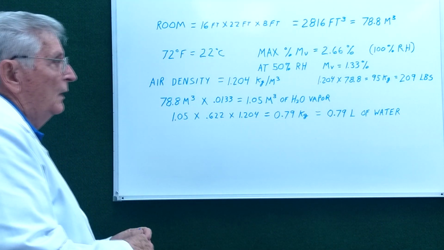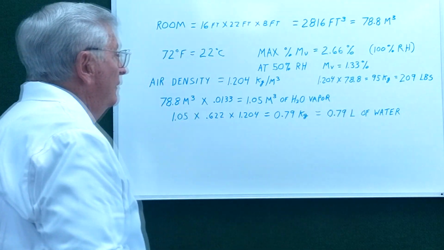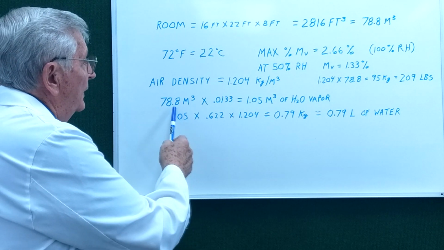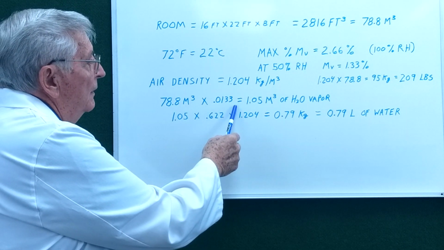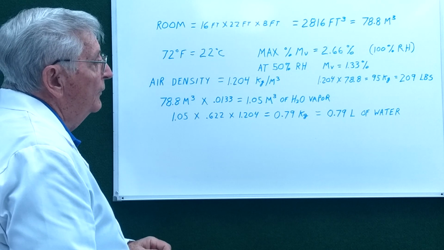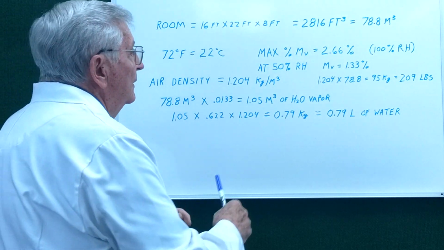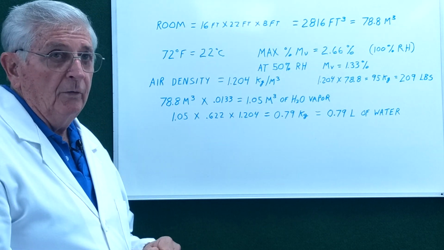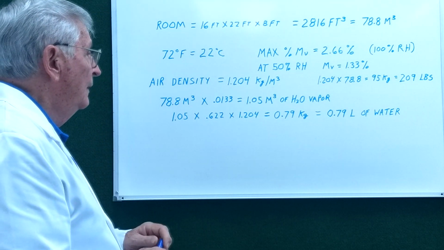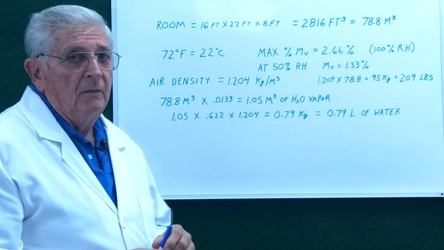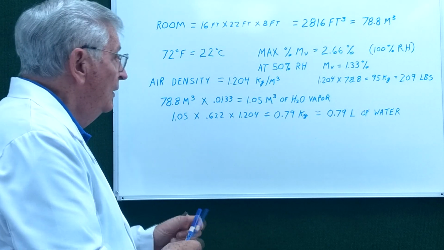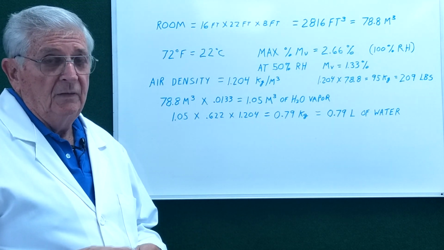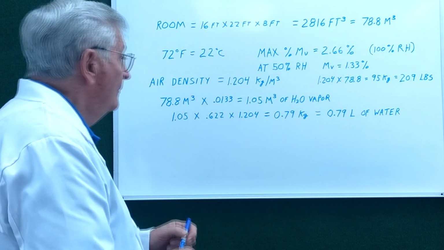Now, if 1.33% of that is water vapor, we take the cubic meters times 0.0133, and there's a little more than a cubic meter of water vapor in the room. And from the part 1 video, we know that water vapor is only 62% as heavy as dry air.